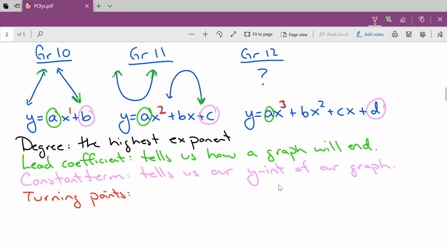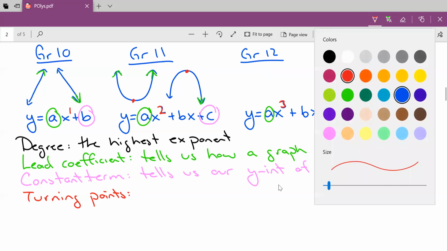In grade 11, with our parabola, how many times do our graphs turn? Well, I can see that they both turn once. They would turn maybe here, and the other one would turn here. So I would say one turning point. So if in grade 10 we had 0 turning points, and if in grade 11 we had 1 turning point, in grade 12 maybe you're thinking we should then have, oh, maybe you just said 2 turning points.